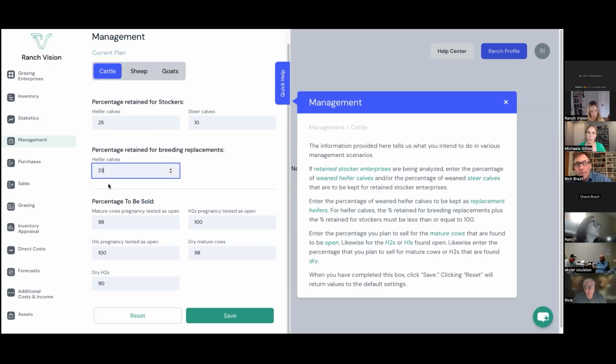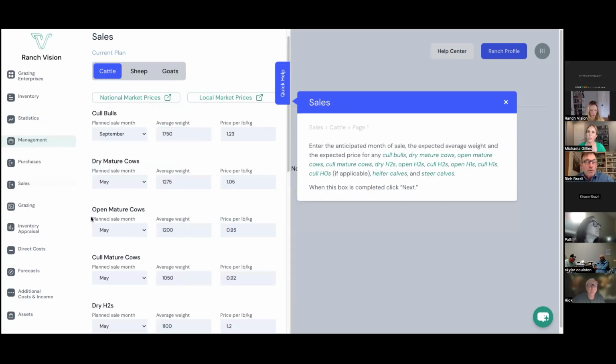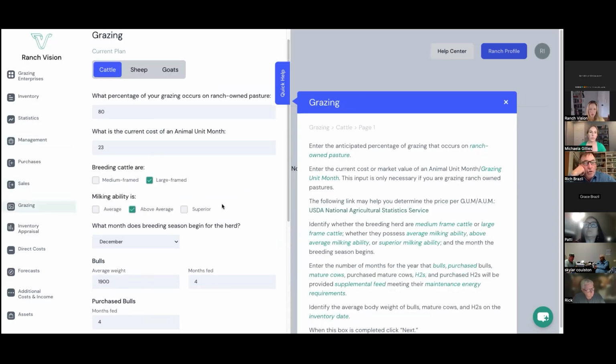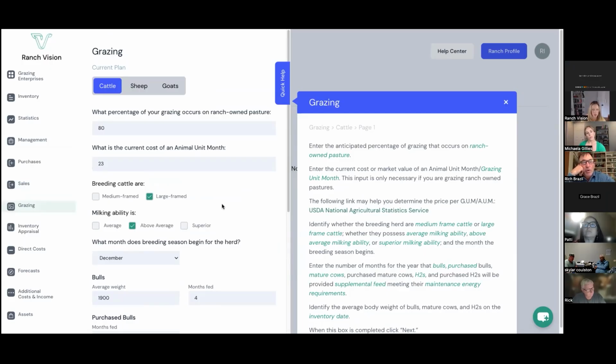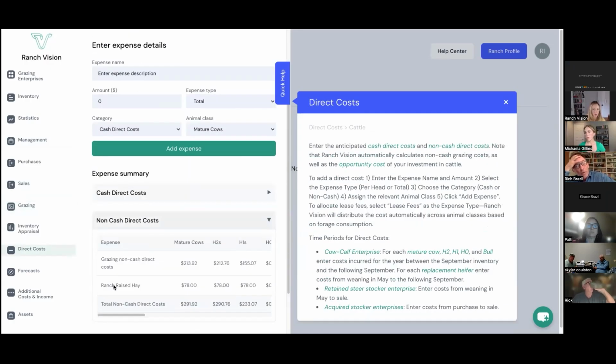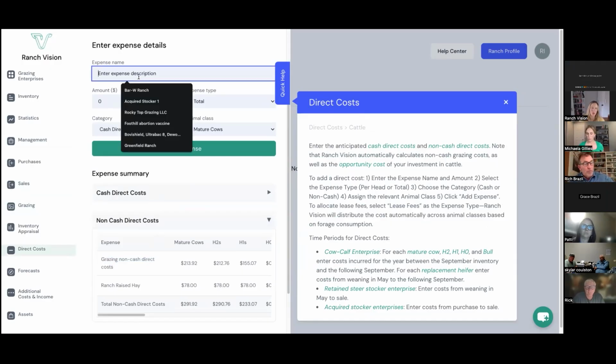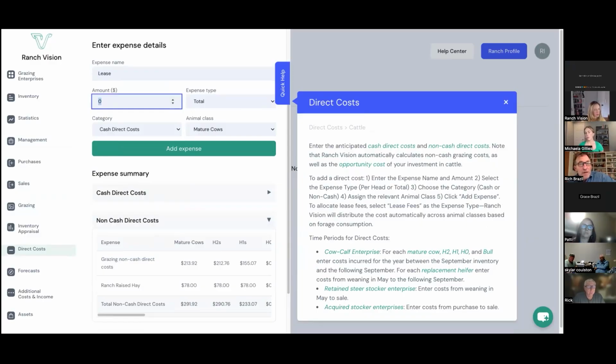Okay, all right. So for grazing, we're asking, are your livestock grazing ranch-owned pasture or leased pasture, and what percentage? We ask this because we will automatically calculate your grazing costs. We need to know whether those are from your own pasture, which is going to be a non-cash cost, or from a lease, which is going to be a cash cost.